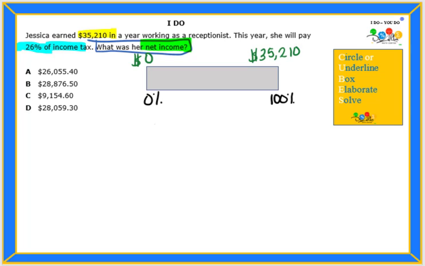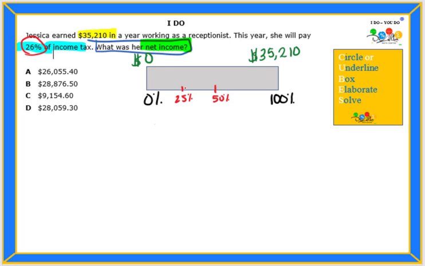So now we're going to look at our percent, 26% of income tax. And so we're going to mark that on our percent bar. We know that about halfway there, that's 50%. And about another halfway there would be 25%. And we're looking for 26%.